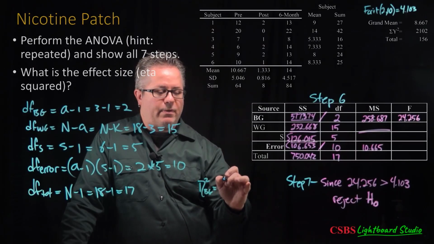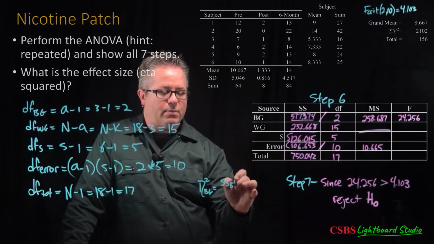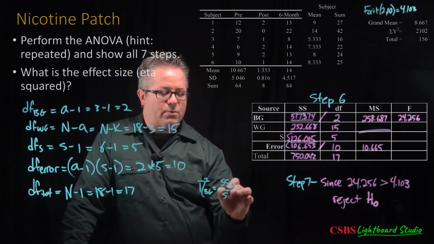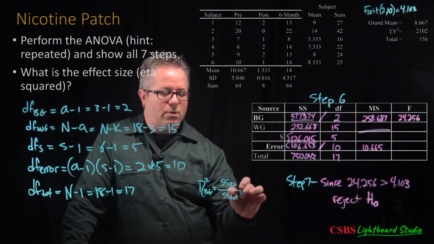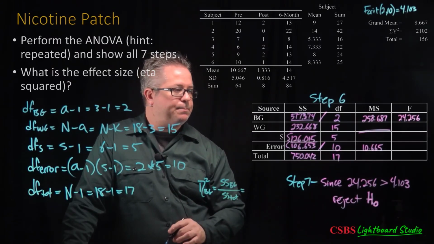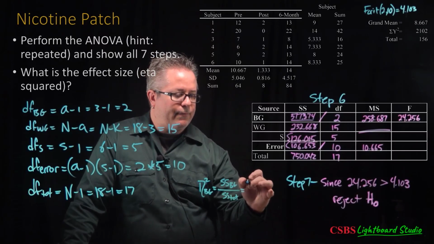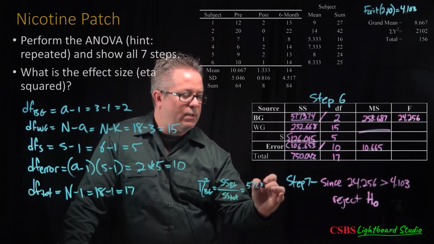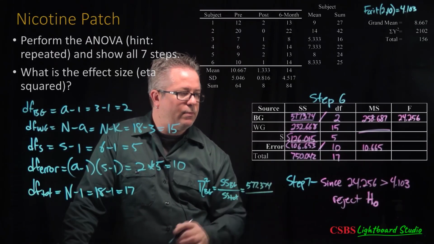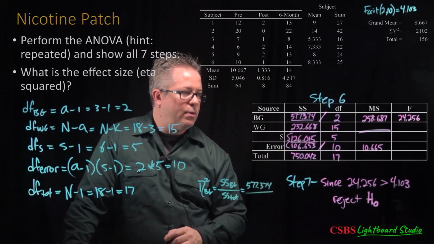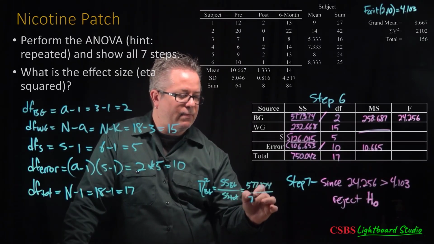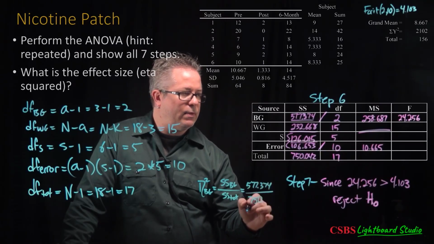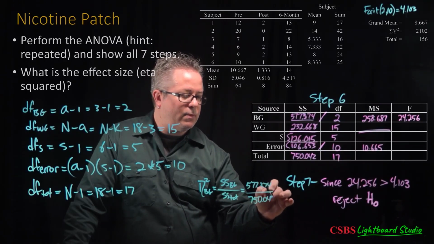This means I'm going to take my sum of squares between groups over my sum of squares for total, which is going to be 577.374 over 750.042.